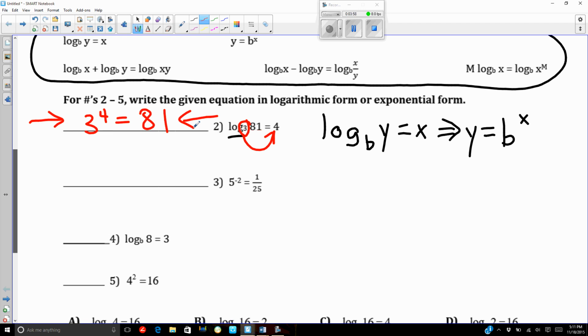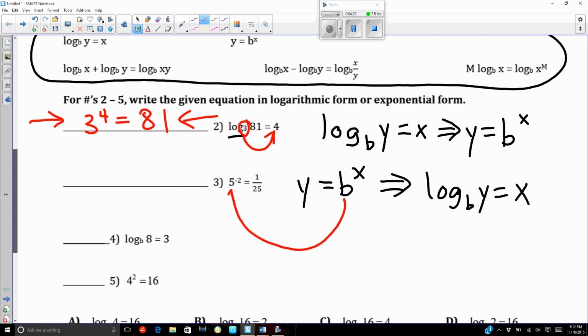The next one, we're going the opposite direction. There's no logarithm on number 3. So that means it's in exponential form. So we want to convert it from exponential form to log form. It's just a matter of identifying what the b value is. The b value is 5.